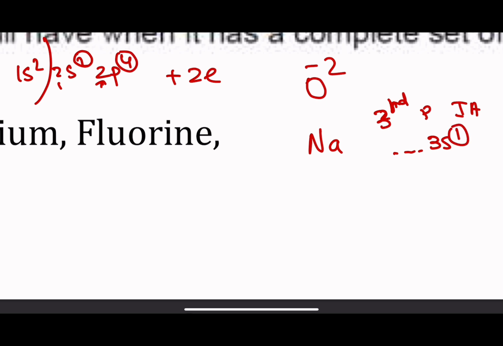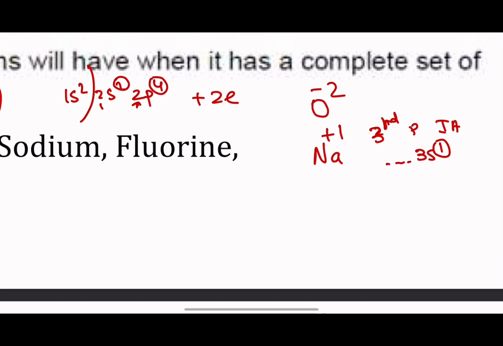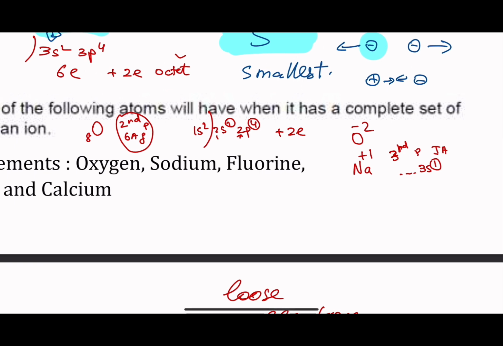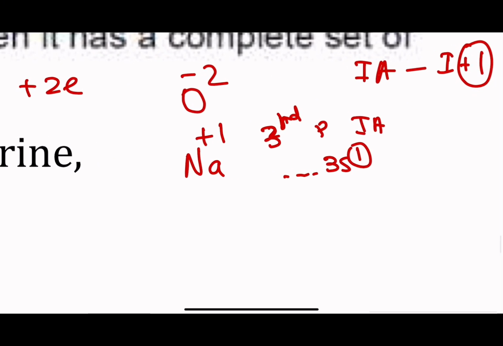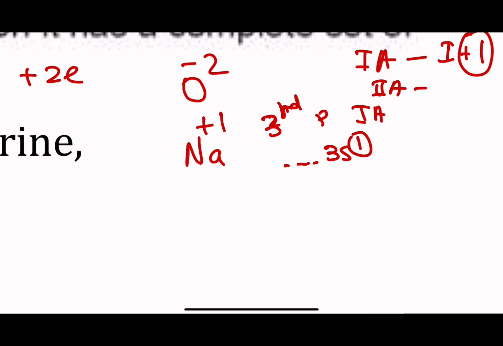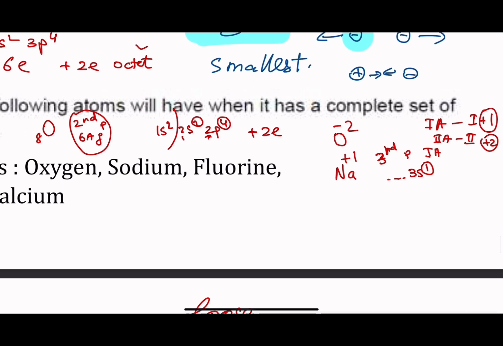It will lose that 1 electron and have a +1 charge. Also, we know that first group and second group elements have positive charges. First group will have valency of 1, which is also +1 charge, right? And the 2A group will have valency of 2, and the charge of the ion will be +2 to lose those 2 electrons.